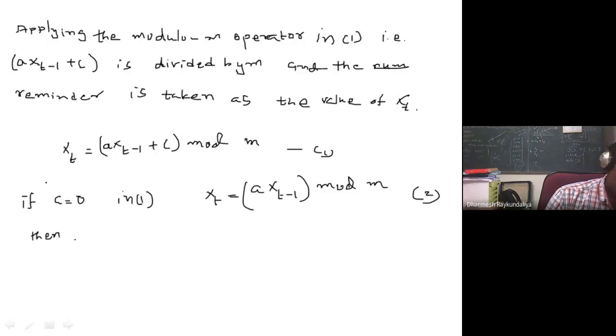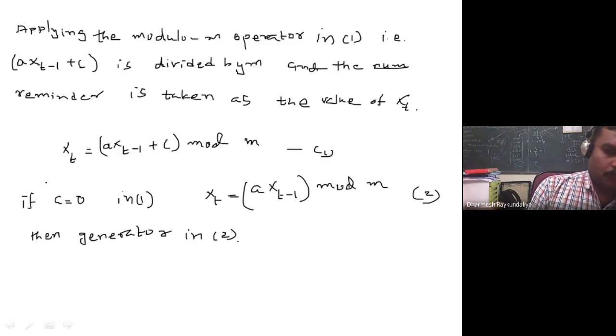Then the generator in 2 is called the multiplicative congruential generator.